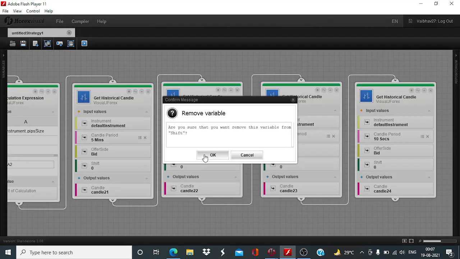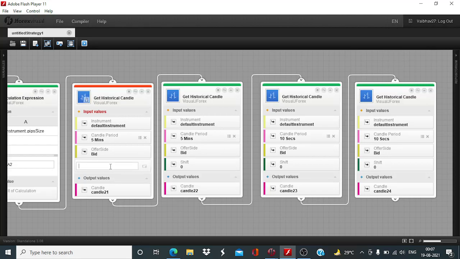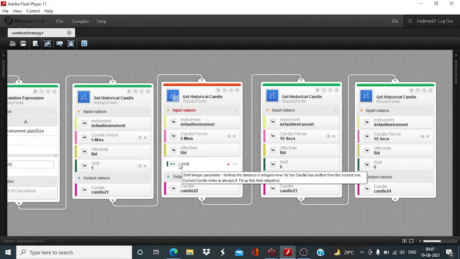This will have the shift value of 1, and this block I will change to 2.